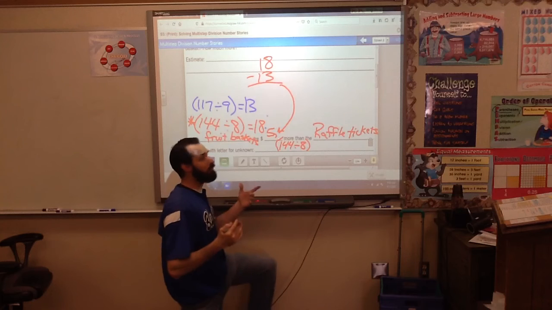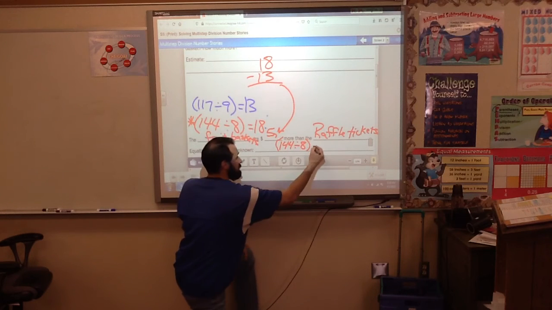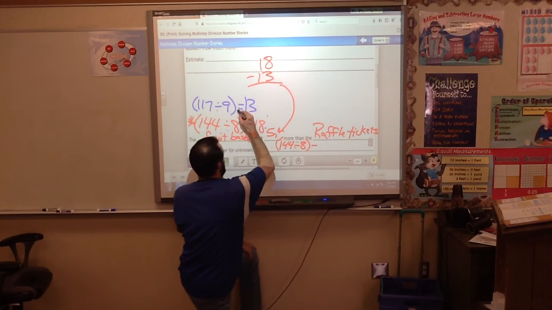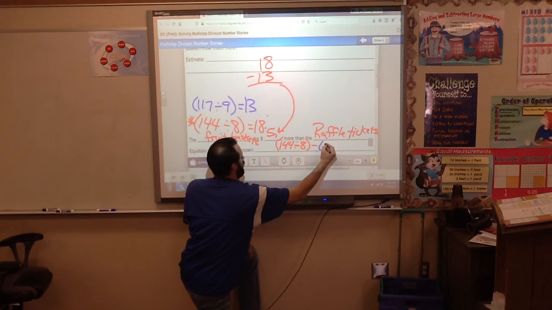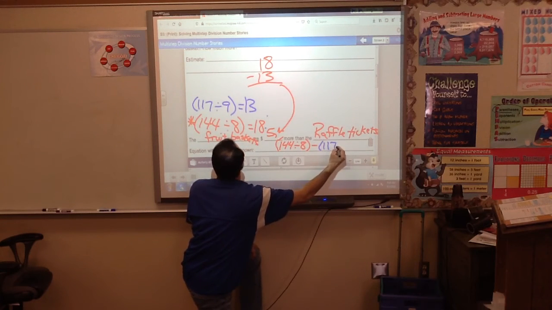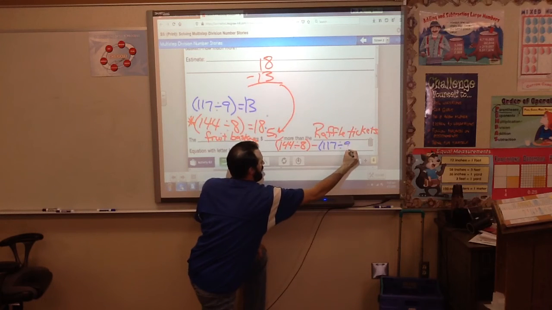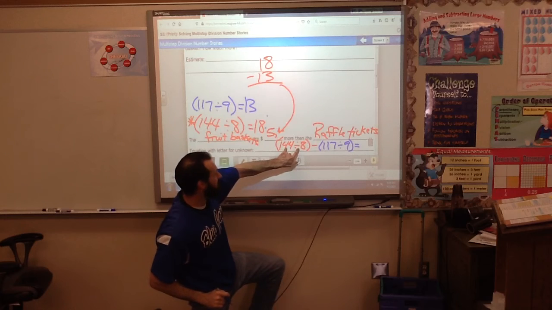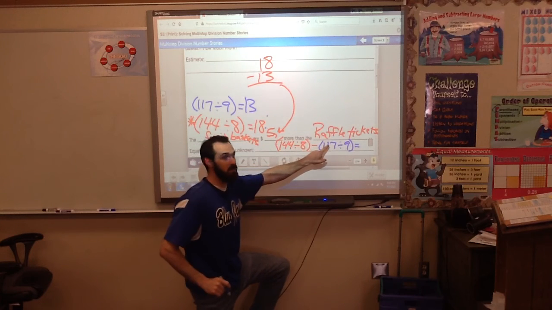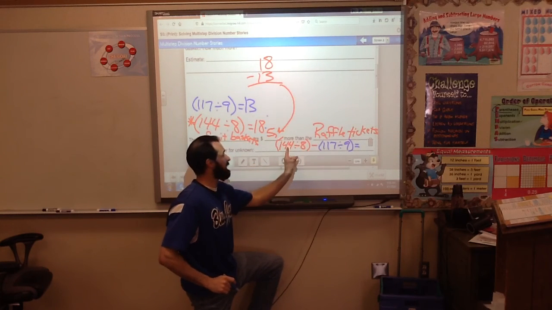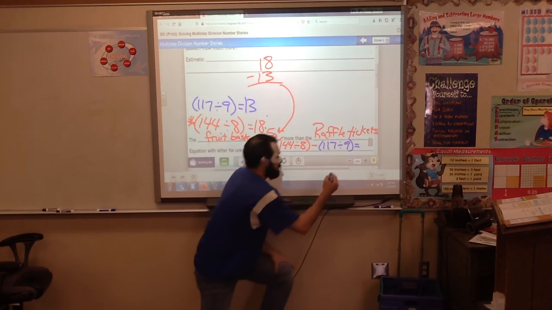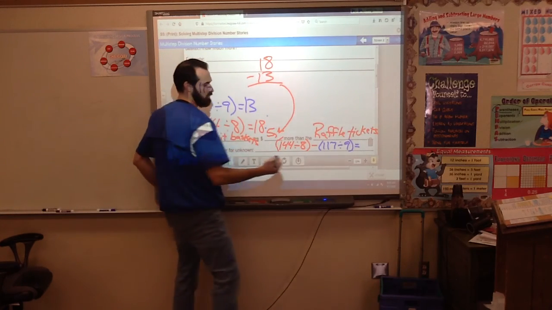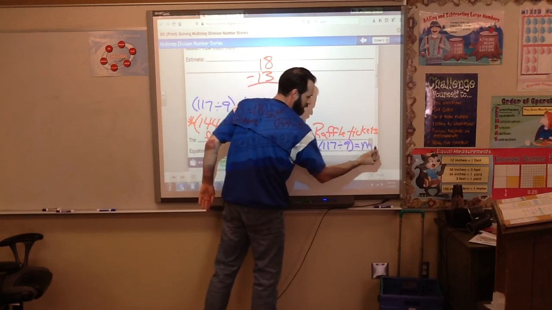And then what did we do when we were done doing this? We subtracted. Now we got to put this 117 divided by 9, because we know that this is going to be 18, this is going to be 13. 18 minus 13 equal, and then they want an unknown. So that's the process, but your unknown could be whatever letter you want. I'm going to use M for 1.